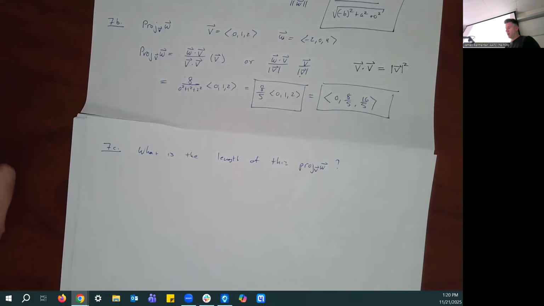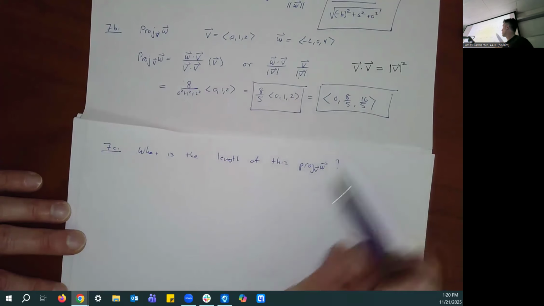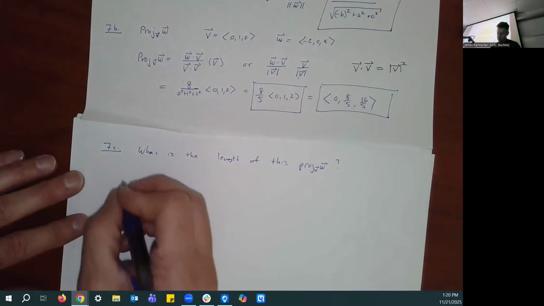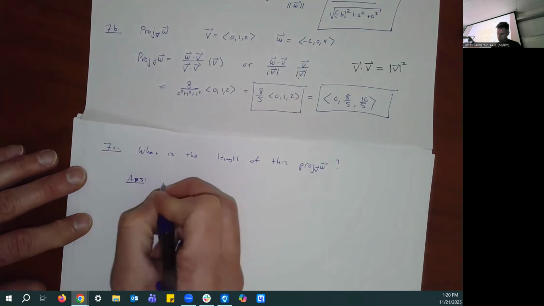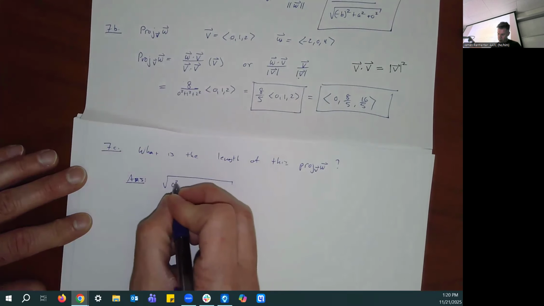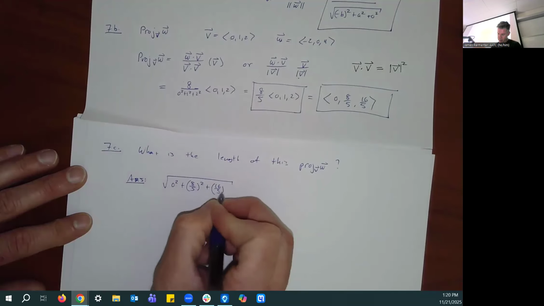Well, it's kind of silly to take this vector and find its length, even though you could do it that way. So certainly one way of answering that question would be to say it's just going to be the square root of 0 squared plus 8 over 5 squared plus 16 over 5 squared.